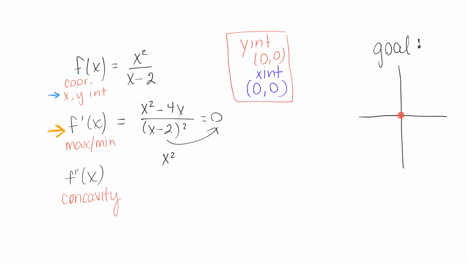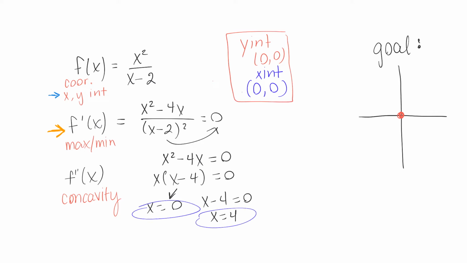So I still have x squared minus 4x equals 0. Okay, so I'm going to factor out an x, and I'm going to have x times x minus 4 equals 0. So now I can split that, and I've got x equals 0, and x minus 4 equals 0, x equals 4. So here are my 2 max and mins, okay?